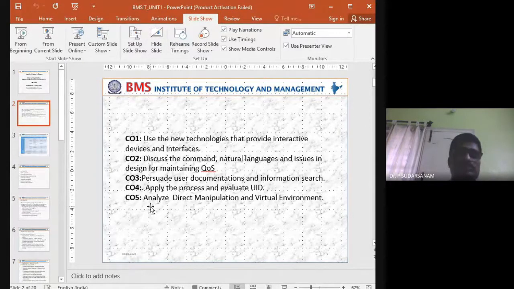So the fifth one is nothing but analyze direct manipulation and virtual environment. Virtual environment, nowadays no need to say what is happening now. Everybody has experienced it, even you are using virtual classes or online classes or whatever it may be. So analyze the direct manipulations and virtual environment. Nowadays, on Amazon, if you take mobiles, the majority of people are buying online only.